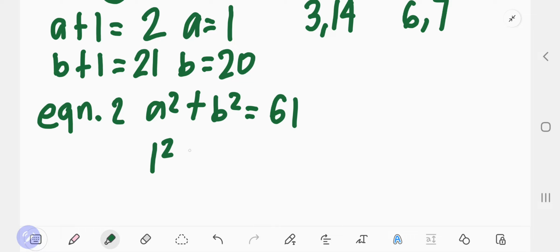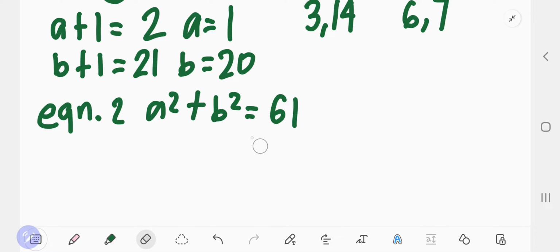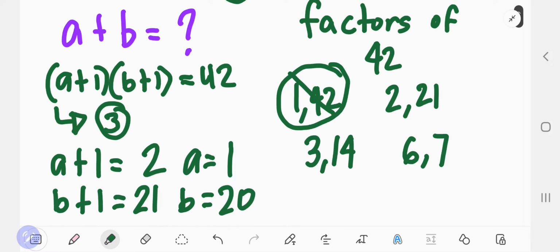So the equation is 1 squared plus 20 squared is equal to 61. 1 squared is 1 and 20 squared is 400, and 401 is not equal to 61. So that will result in a false statement. Therefore, 2 and 21 are not candidates for a plus 1 and b plus 1 respectively.